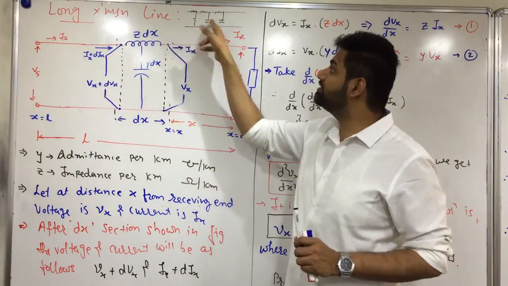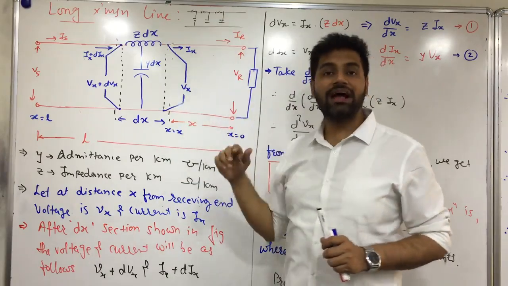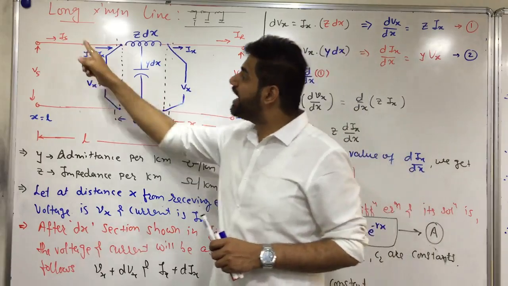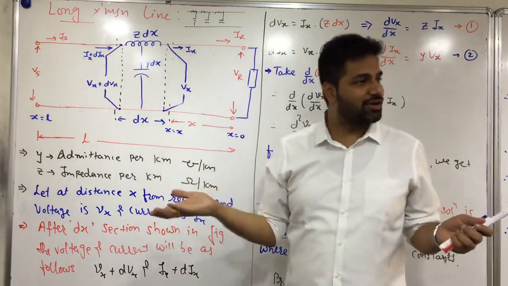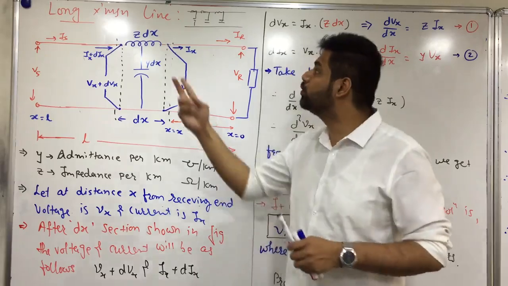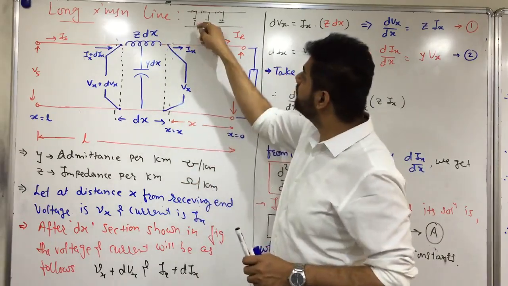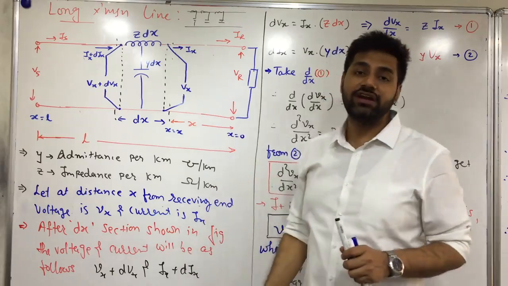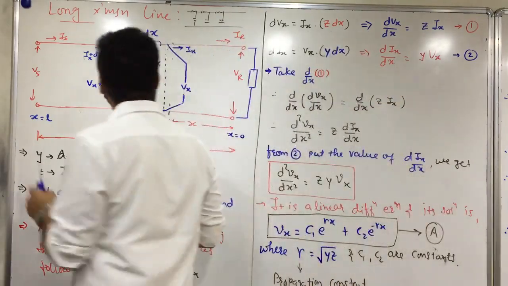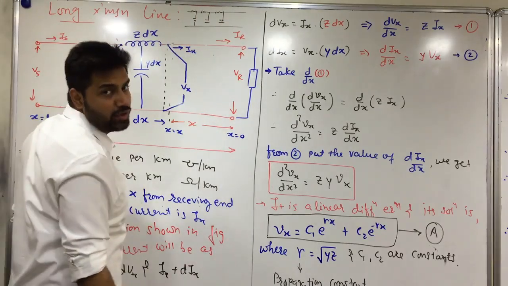As the transmission line has such distributed inductor and capacitor, at every point the voltage and current will be different. Voltage will be different due to the I into X voltage drop, and current will be different just because we have the shunt element. Is it clear?